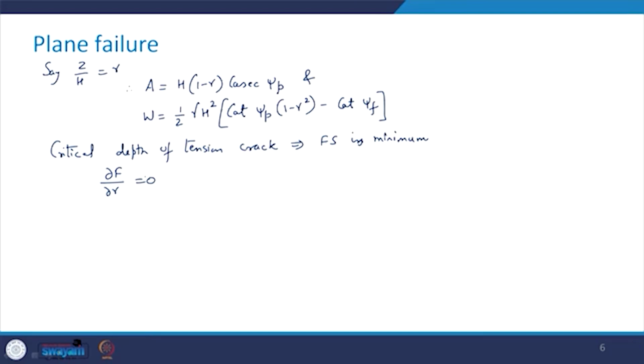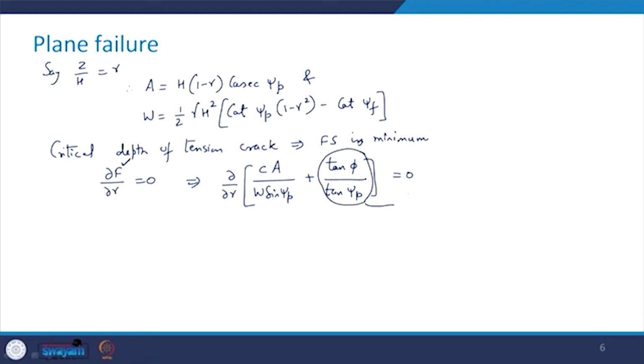Now, refer back to the expression for F, and this is what you will get: del r of (C A upon W sin of psi p plus tan of phi divided by tan of psi p) is equal to 0. Now, you see this term is independent of r.